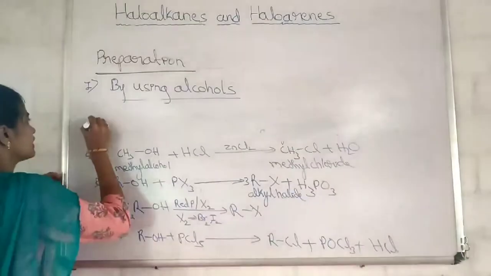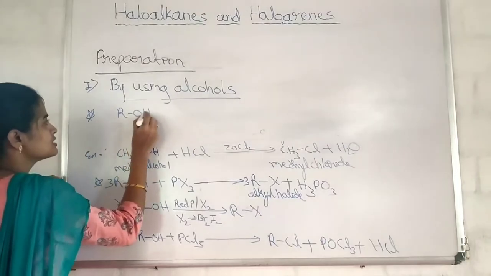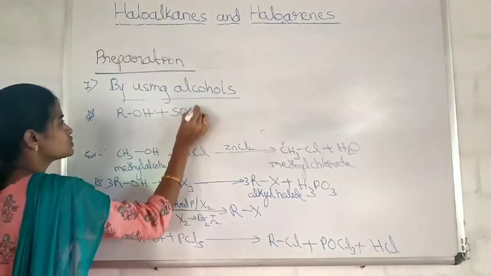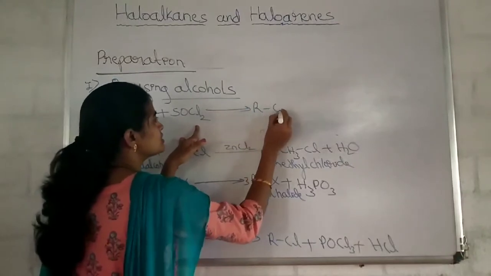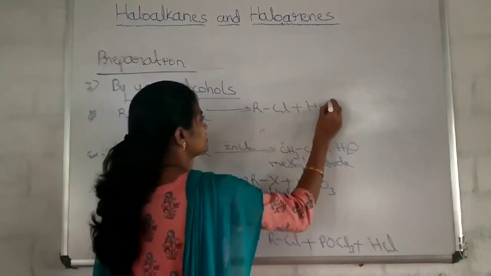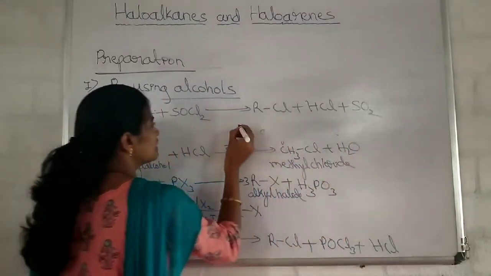Reaction of alcohols with thionyl chloride. The formula is SOCl2. RCl is formed plus HCl plus SO2.